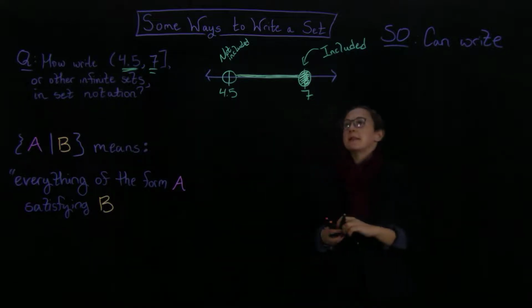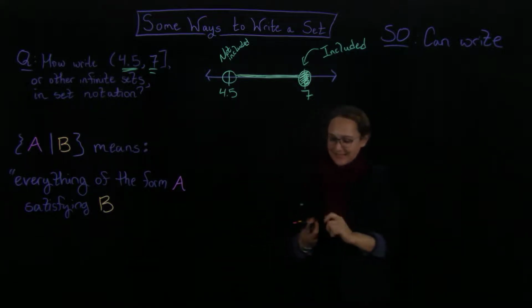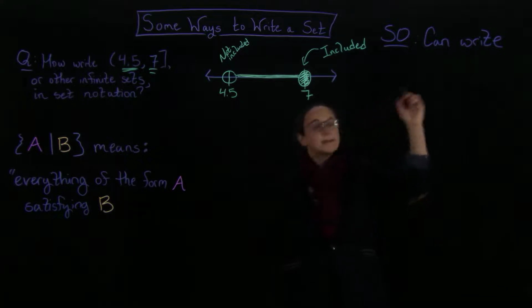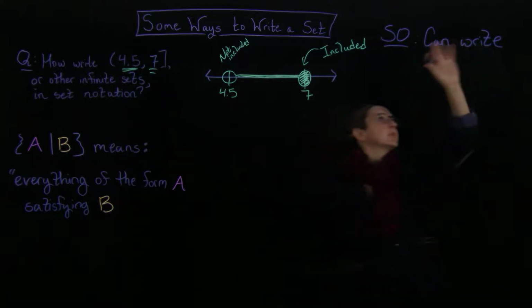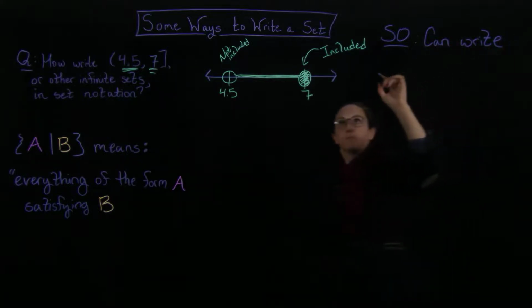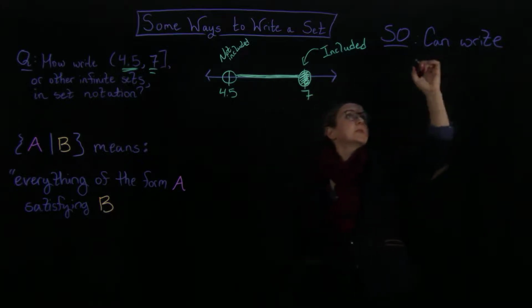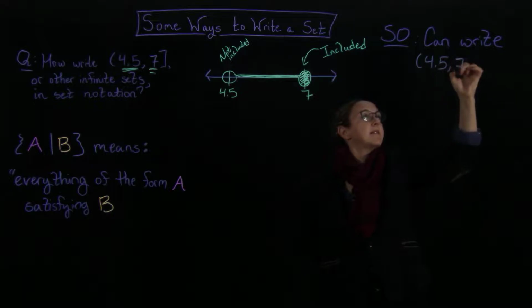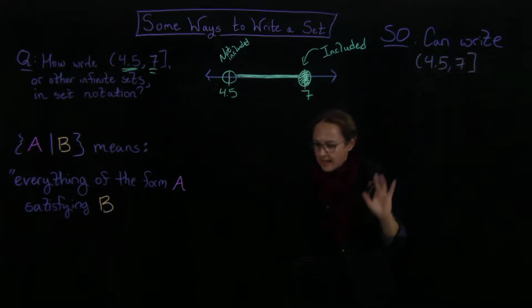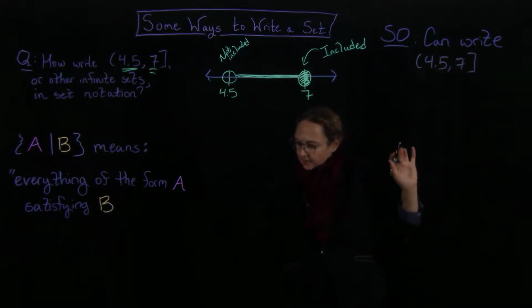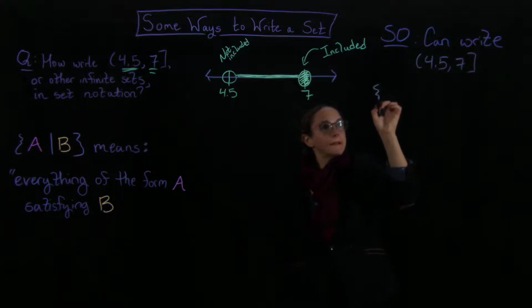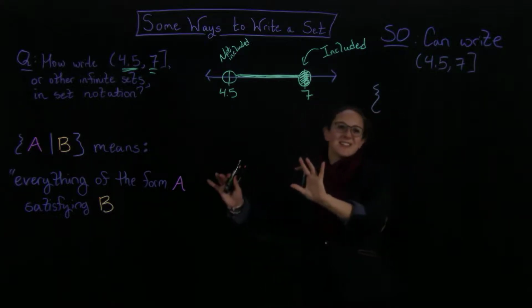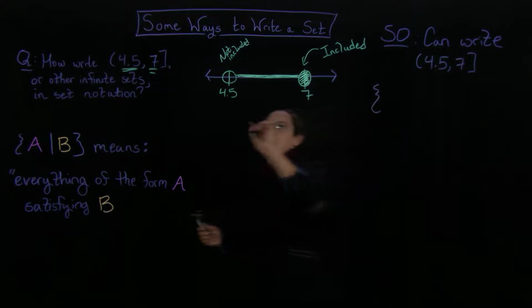We're going to use an inequality here. We can write (4.5, 7] as the set of all, and the first thing is we have to place ourselves on the real line.